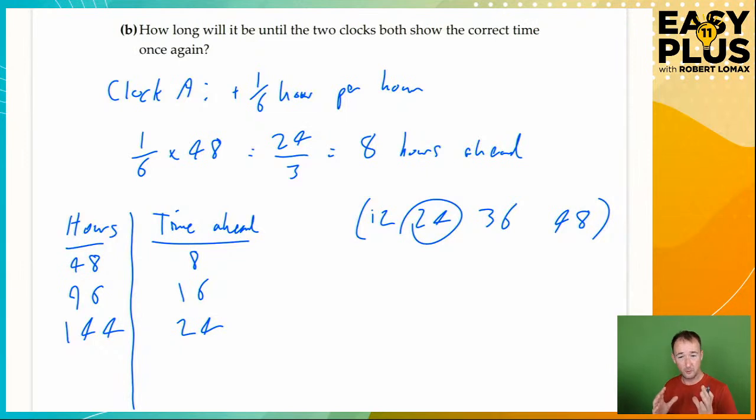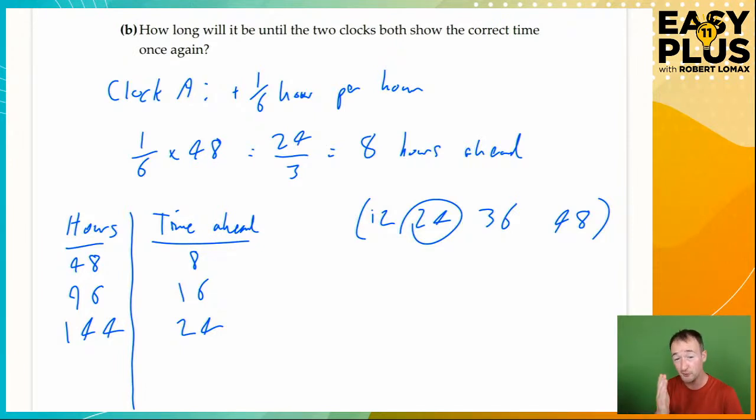So, just to recap, we know that the clocks show the same time as each other every 48 hours, which is when the difference between them is 12 hours. But after the first 48 hours, they're showing the same time, but it's the wrong time. After another 48 hours, they're still showing the same wrong time.